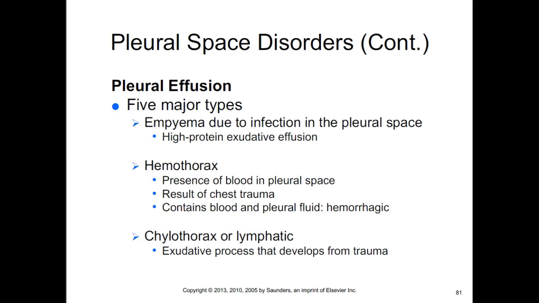So a high protein exudative effusion. A hemothorax, which is blood, right, usually resulting from some sort of chest trauma, may contain blood and pleural fluid, so some sort of hemorrhagic origin. Or chylothorax, or lymphatic, which are exudates from the lymphatic fluid that can also find its way into the pleura.